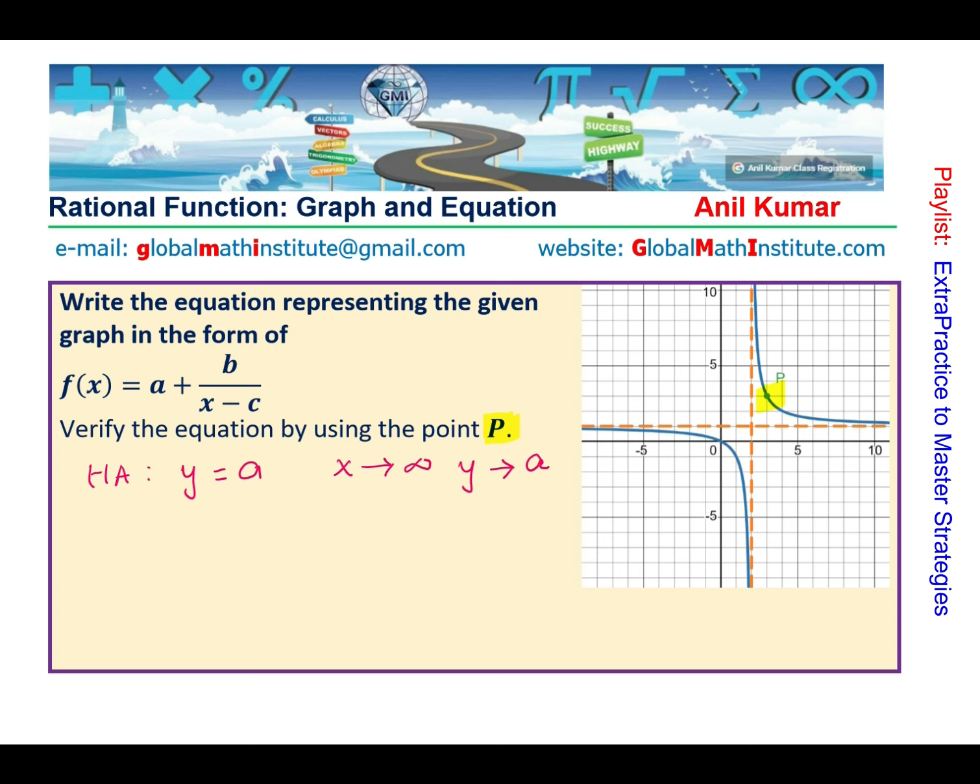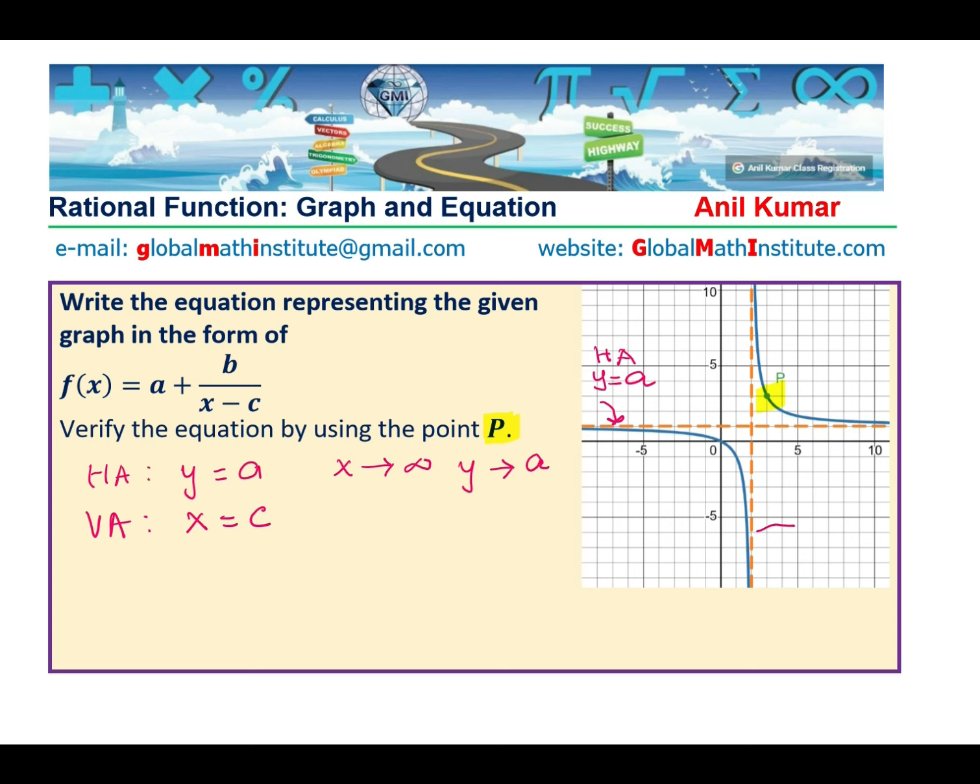In the graph, it is shown with the horizontal line y equals a, and it is the horizontal asymptote for this rational function graph. Also understand that the vertical asymptote will be when the denominator is 0, and that is when x equals c.